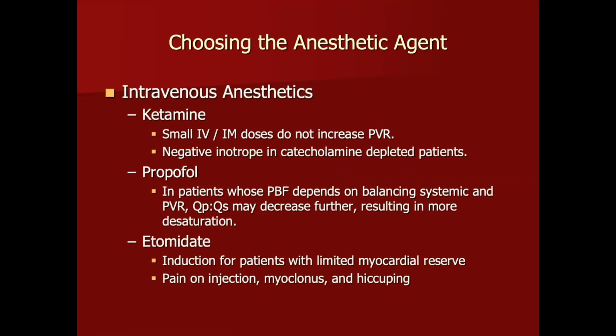Ketamine is a great IV induction agent in sick children, but its action is dependent on the release of catecholamines. So it may in fact act as a negative inotrope in catecholamine depleted patients. In those patients, etomidate remains your safest IV induction agent.